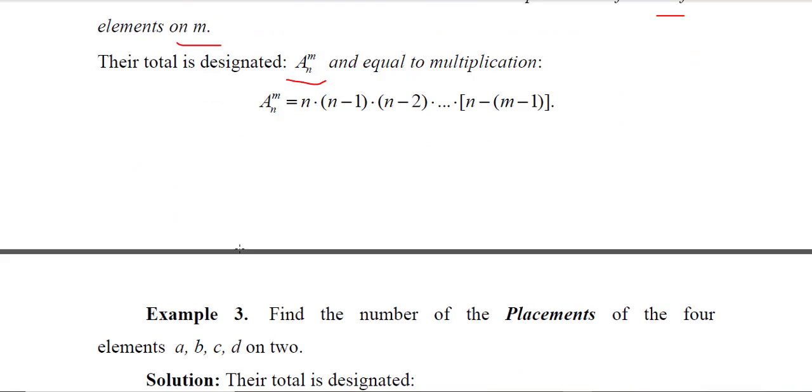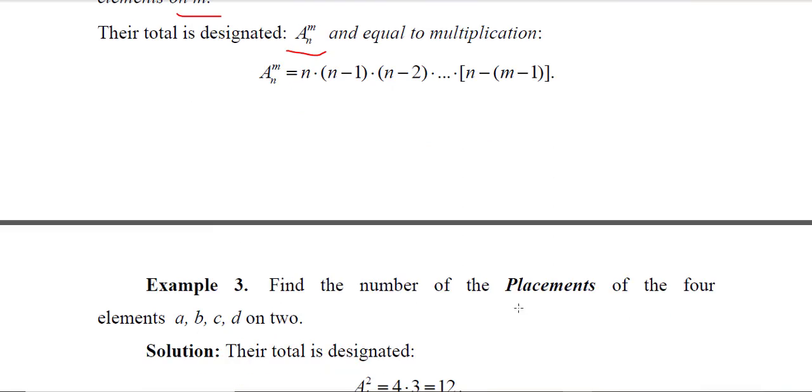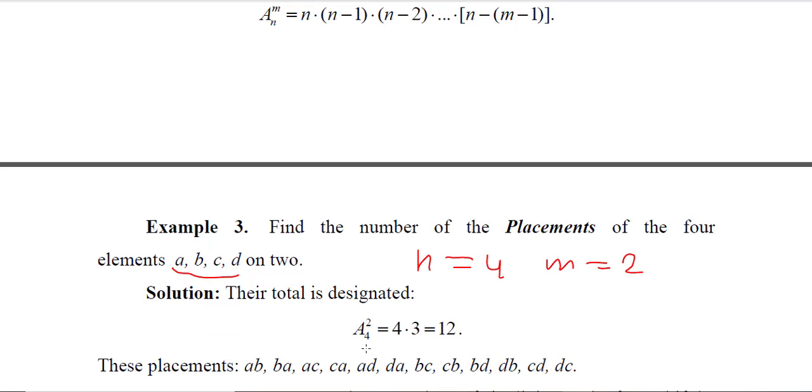Let's consider the next example. Find the number of placements of the 4 elements A, B, C, D on 2. So here the number of elements is 4, and we need to take only 2. So it means n is 4, m is 2. So it will be A 4 2. And how to find it?